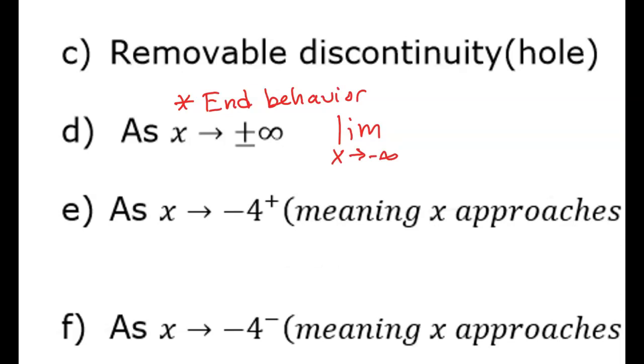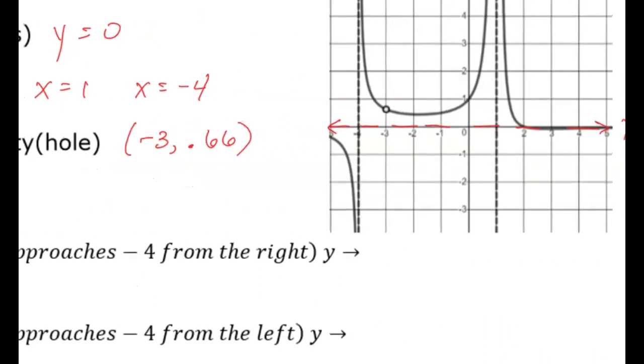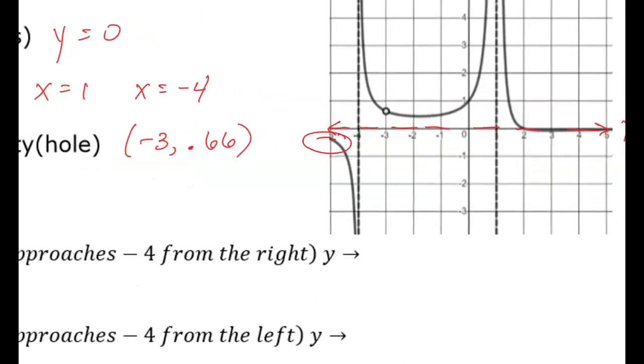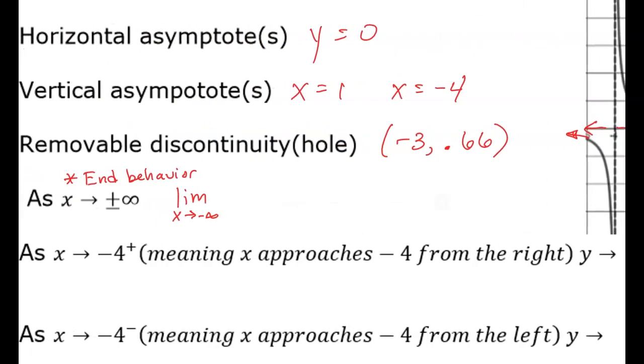So as x approaches negative infinity, over here on the left, what does y approach, Monica? 0. So we say, in limit notation, the limit of f of x is 0. And then for our right end, what does x approach, Miriam?